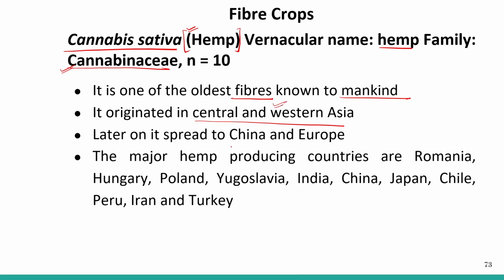Later it spread to China and Europe. The major hemp producing countries are Romania, Hungary, Poland, Yugoslavia, India, China, Japan, Chile, Peru, Iran, and Turkey.